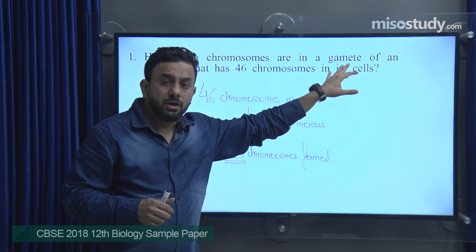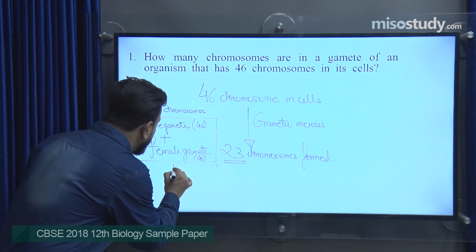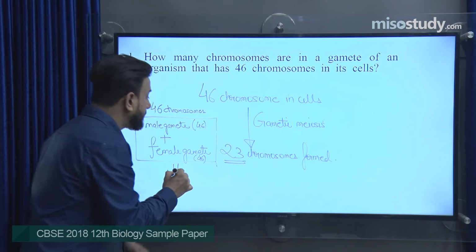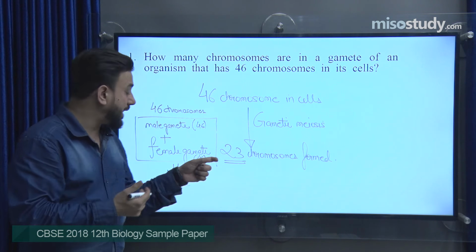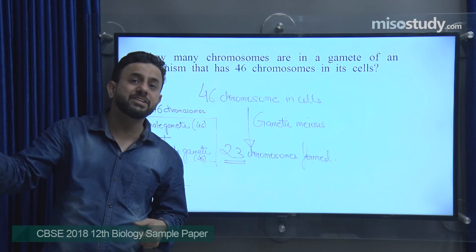If these 46 chromosomes do not get reduced to half, then what will happen? The male gamete will also have 46, the female gamete will also have 46, and the resultant new organism, the offspring, will have 92 chromosomes, and this way it will keep on increasing.